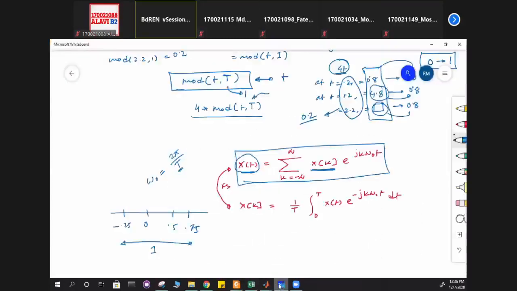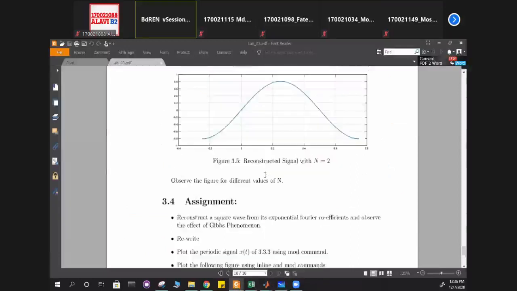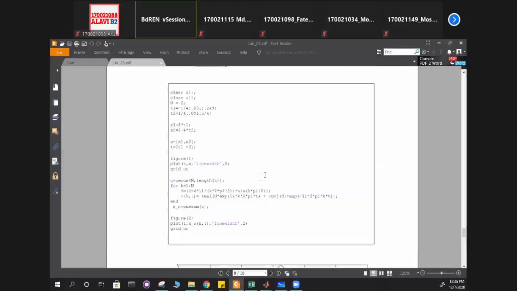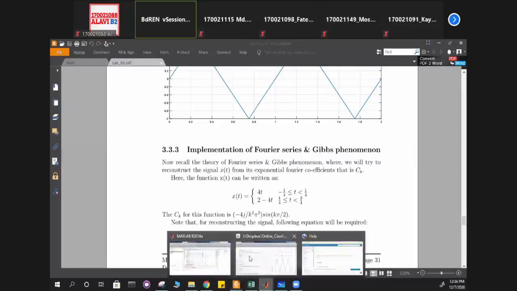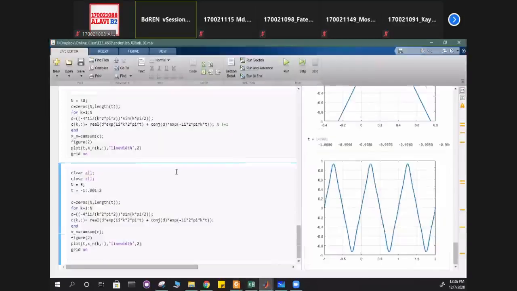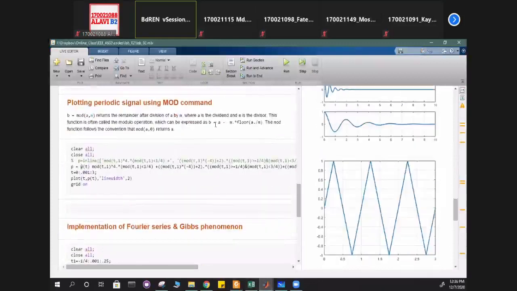But another thing I wanted to tell you is that using this plot of the periodic signal xt, whenever you use mod for a negative number, like here you have -0.25, you may have some issue, as the mod function follows a particular equation.